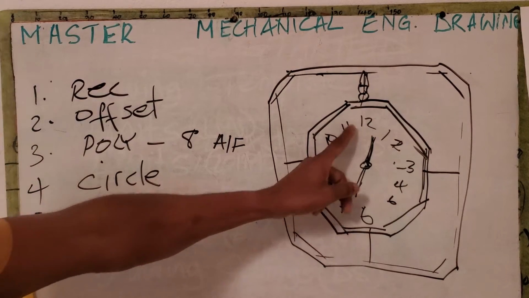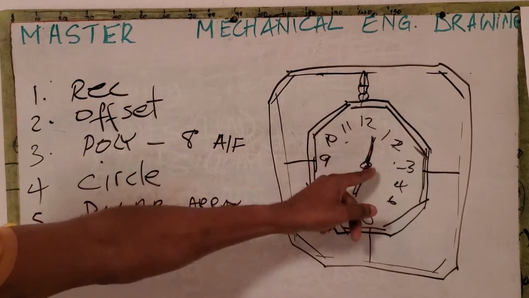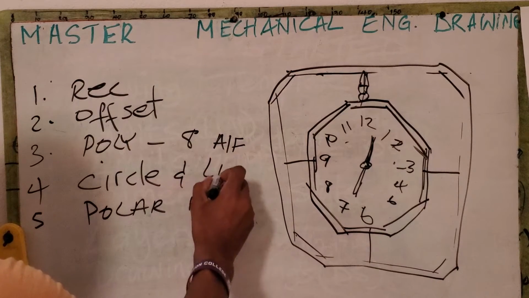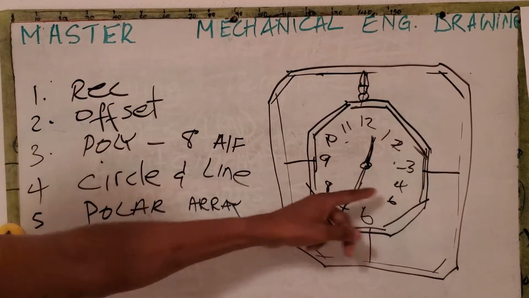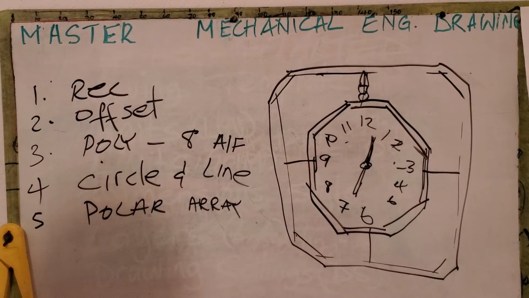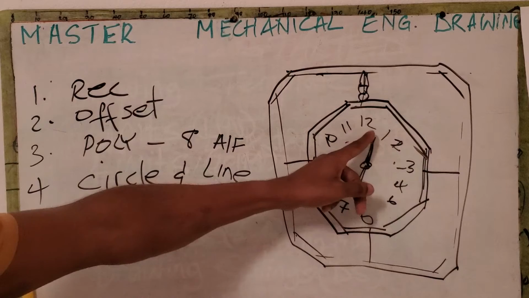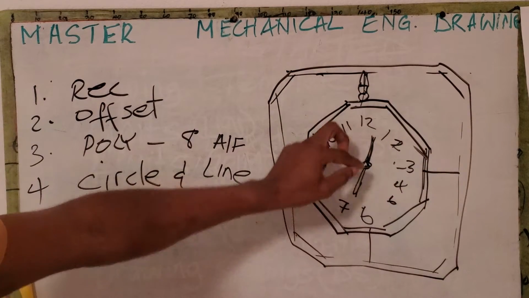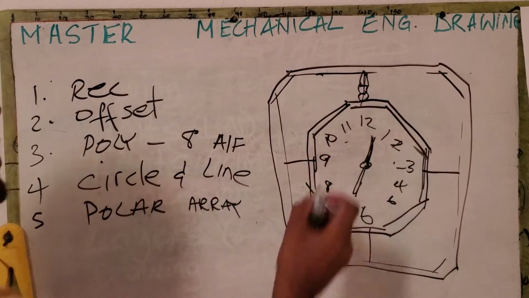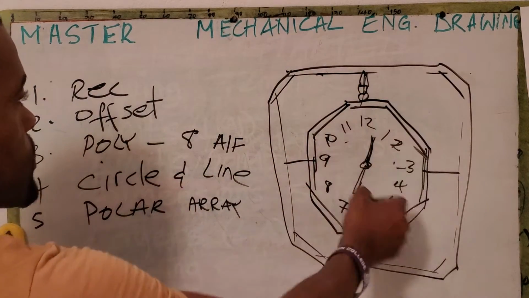So we would draw a circle, then use a line, circle and line. Then we'll use polar array to get 12 equal parts. Then we would trim. We would need 2 circles, as a matter of fact, one circle inside, one circle out, then trim.